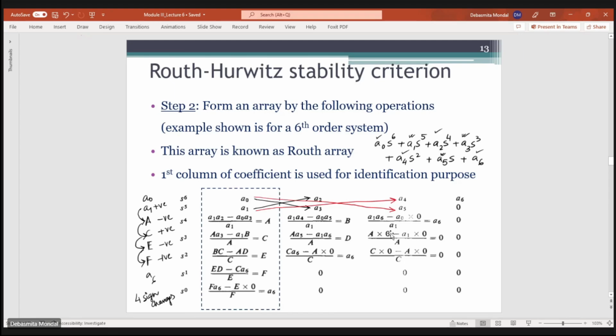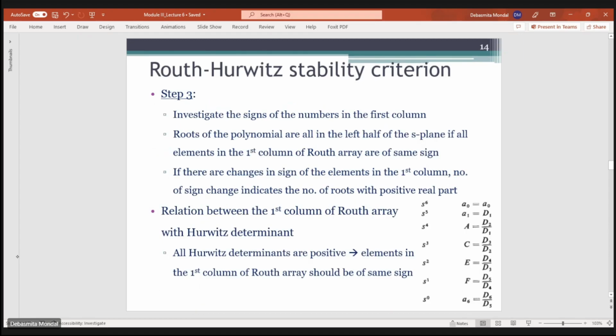Okay, so we have already told that after you have formulated the Routh array, you have to investigate the signs of the numbers in the first column. If the roots of the polynomial are all in the left half of the S-plane, all the elements in the first column of the Routh array have the same sign.